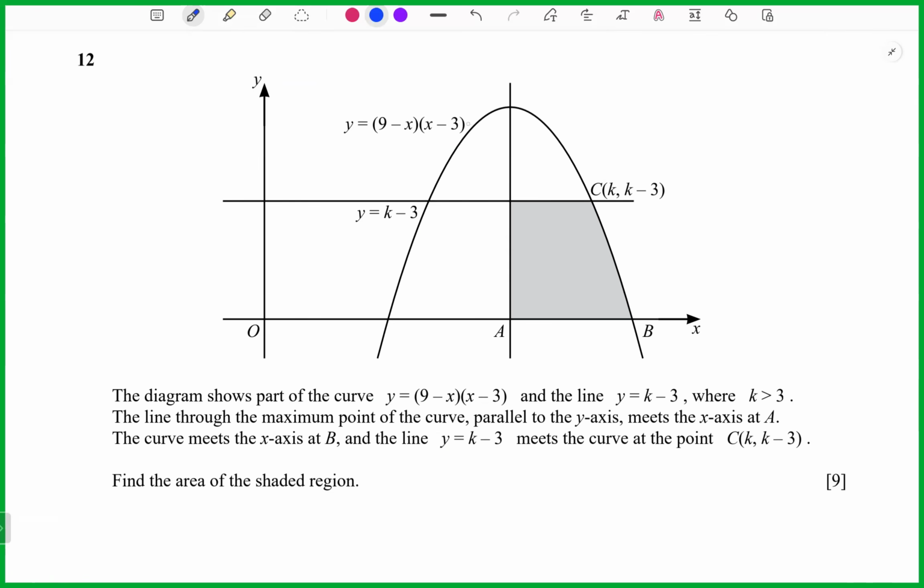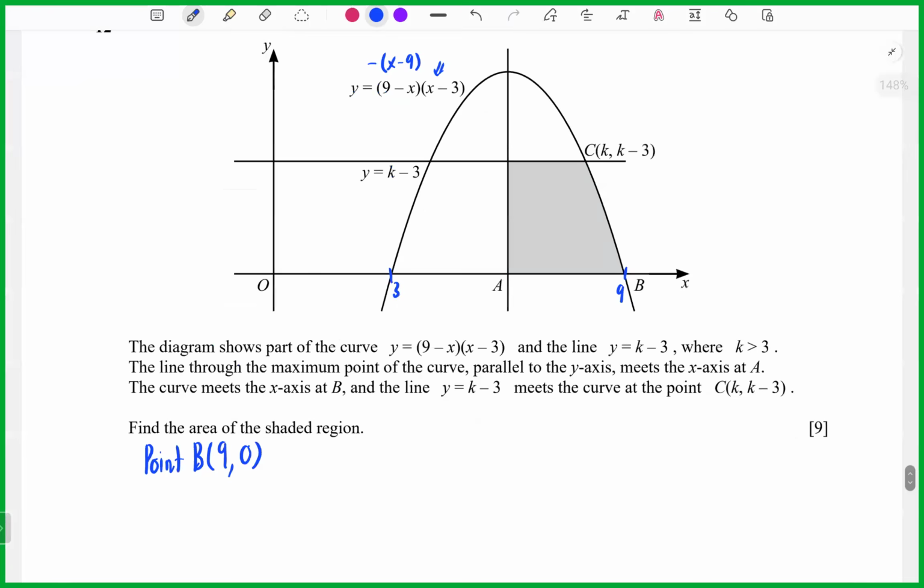We know this is the maximum point, so I can write negative x minus 9 equals 0, so you will get 3 here, and here is 9. So your point B is (9, 0). Now we can find the value of A first.